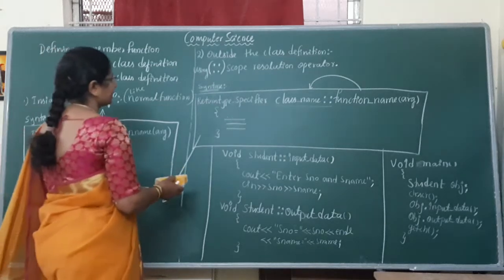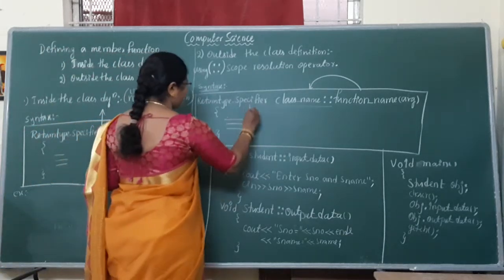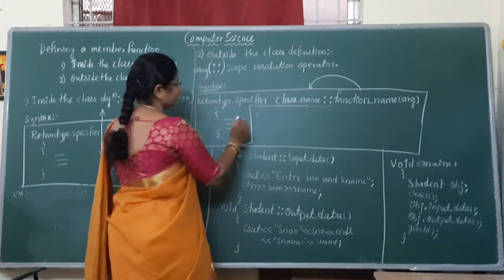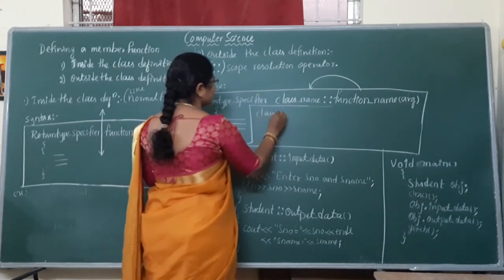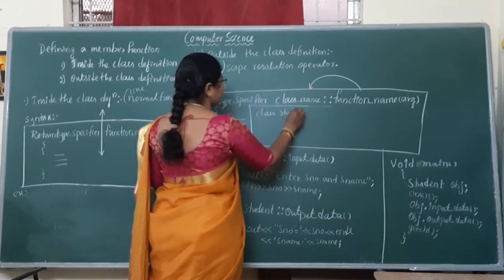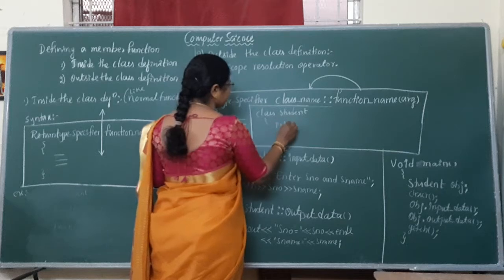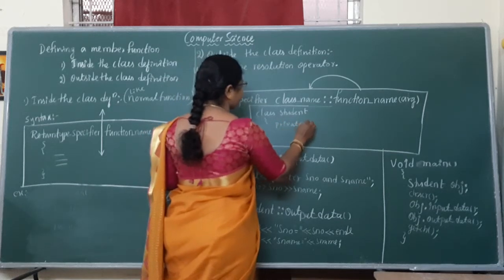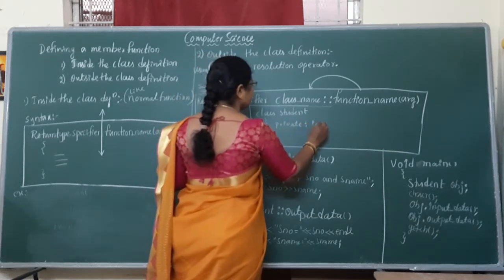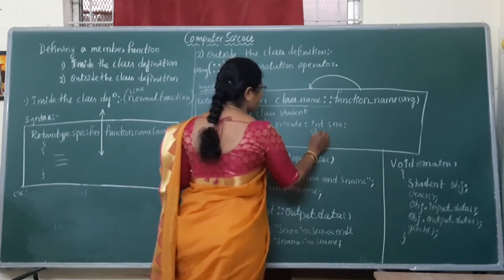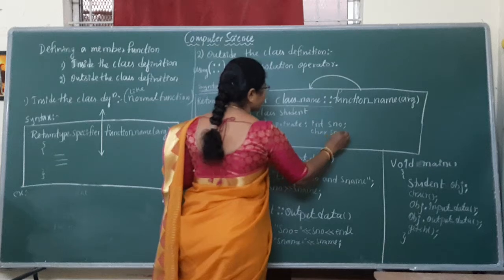I'll write it here once again, students. I'm not disturbing your work. Class student, private: int S number, char S name.